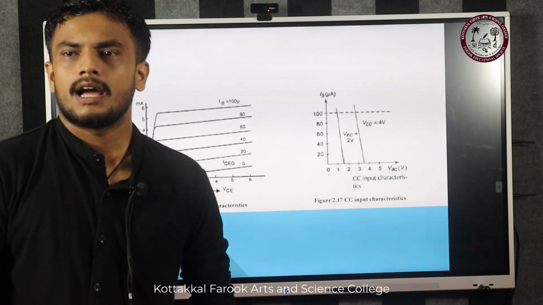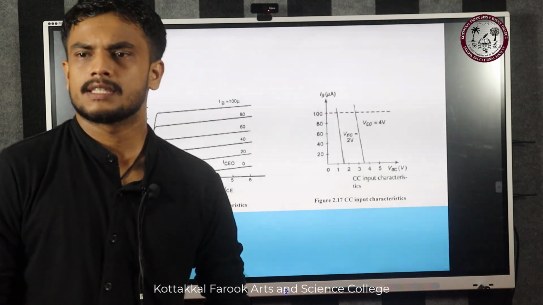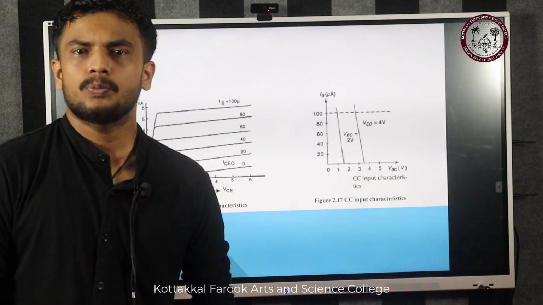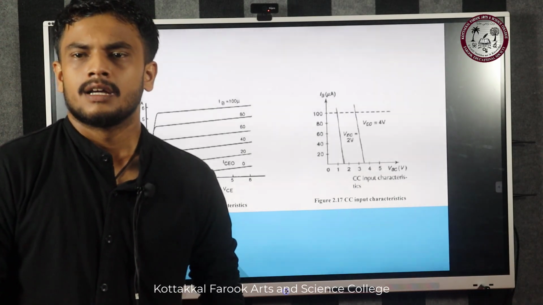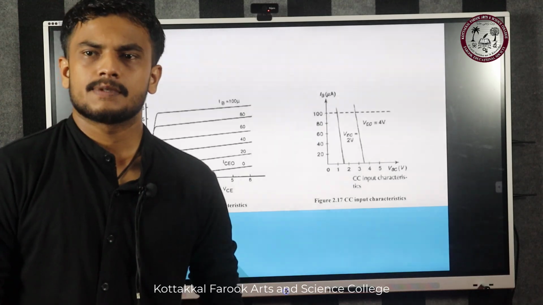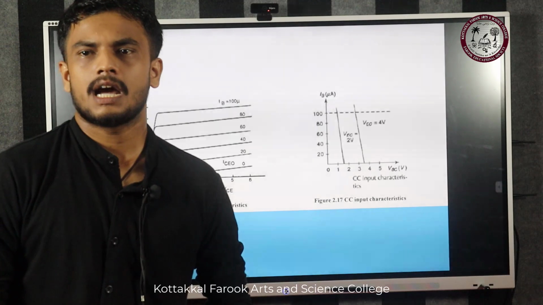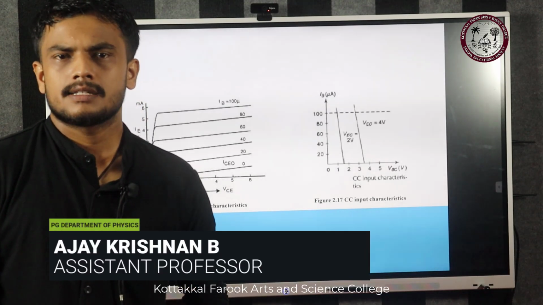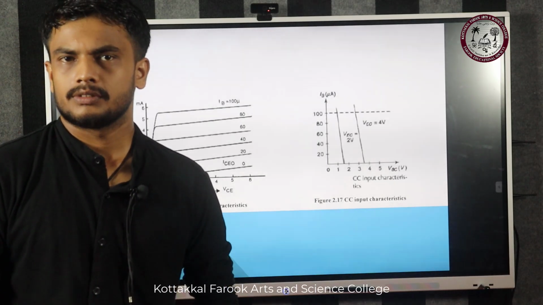The input current IB and VBC give the input characteristics, and for the output characteristics, the output current IE versus the collector emitter voltage VCE gives the output characteristics at constant base current IB. These are the two characteristics we can find from the common collector circuit.